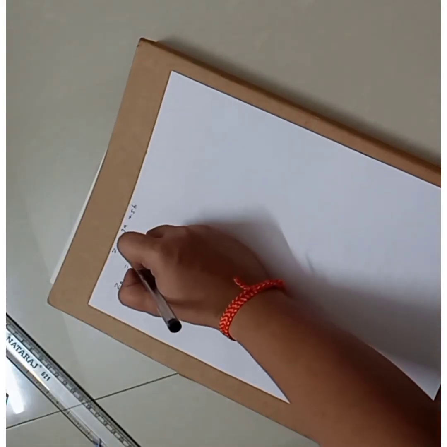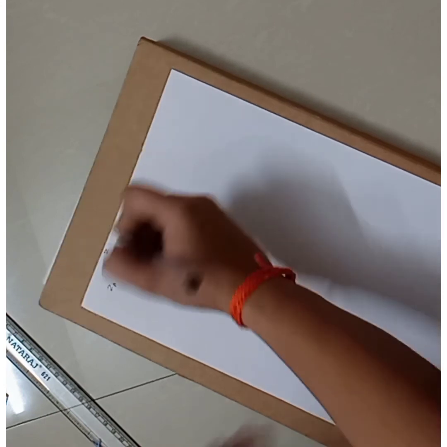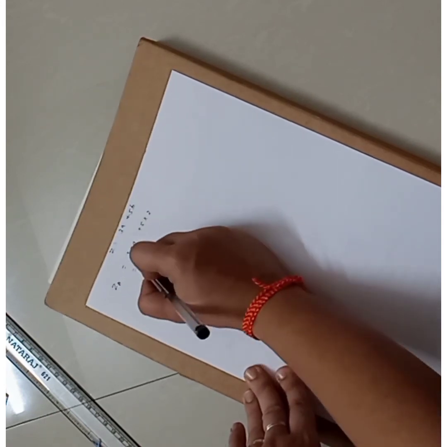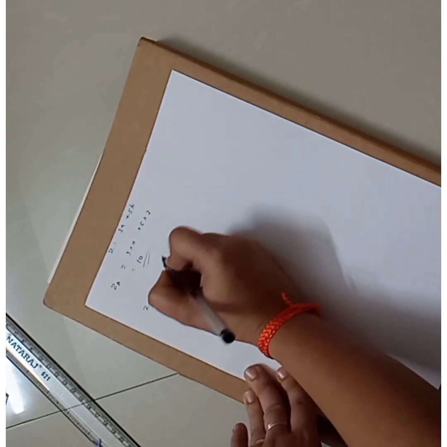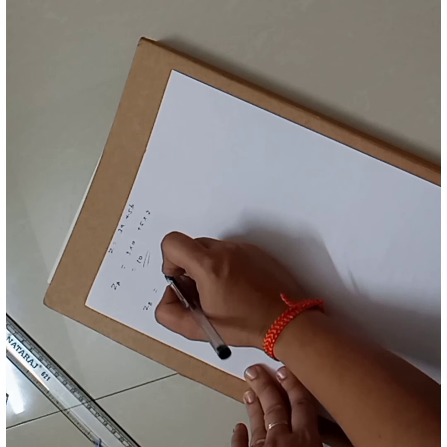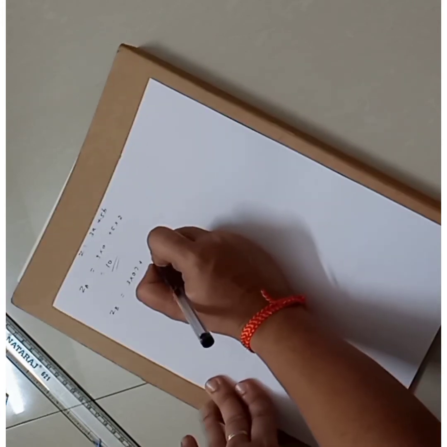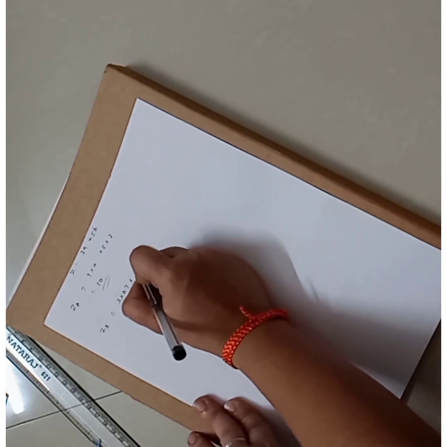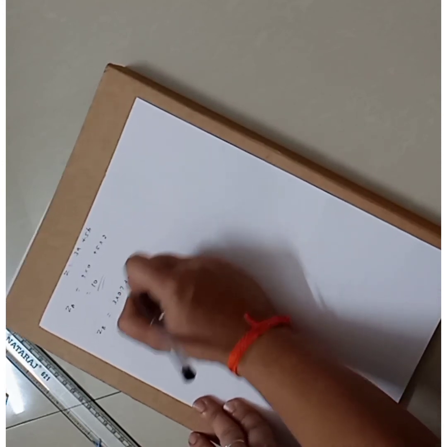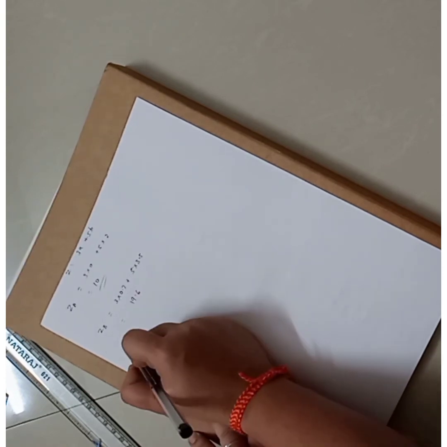So you can put 3 into 0 plus 5 into 2 and you will get the answer as 10. Then Z for B, that is 0.7 and 3.5. So Z for B is 3 into 0.7 plus 5 into 3.5. So you will get the answer as 19.6.